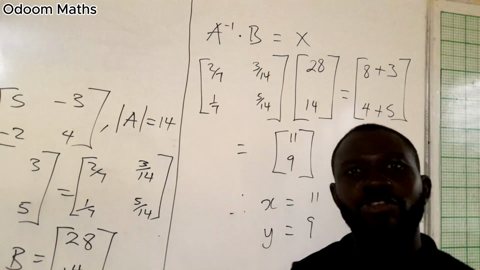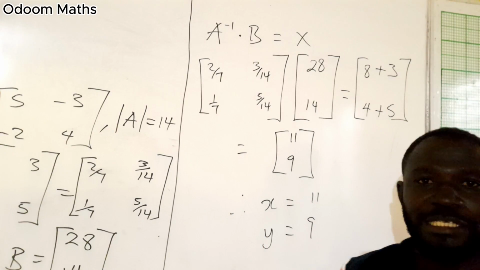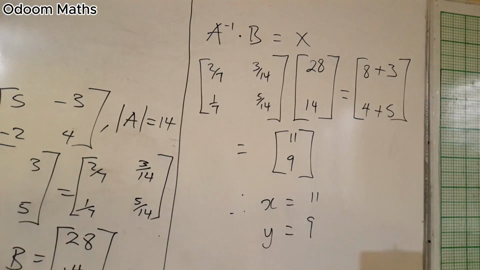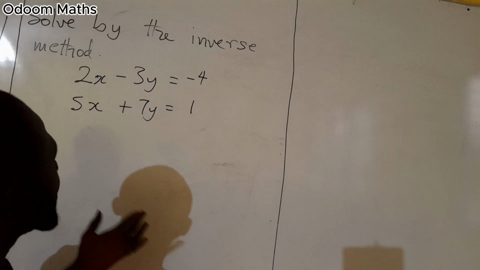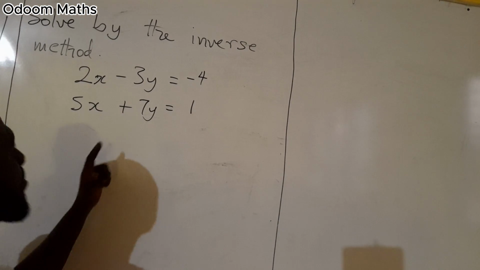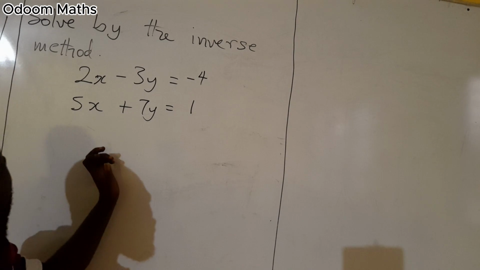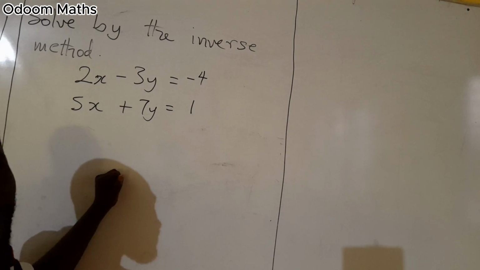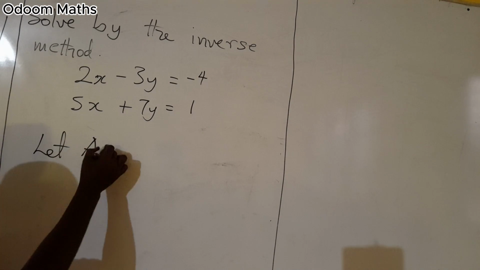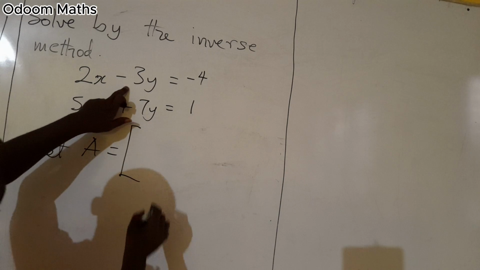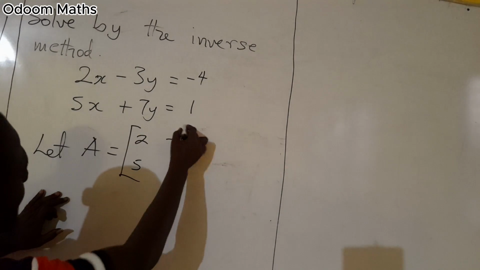Okay, let's solve one more example, then we draw curtains on this. Now let's solve this by the inverse method. So we need the coefficient matrix. After writing them, we find the inverse of the 2 by 2. So we let A be equal to 2, negative 3, 5, 7.